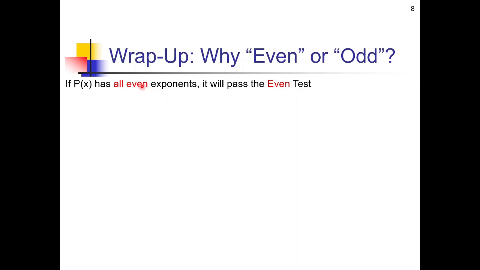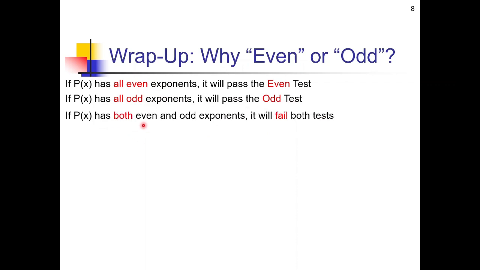And by the way, constants count as even exponents. In contrast, if your polynomial has all odd exponents, it's going to pass the odd test. And if there's a mixture of those, both even and odd exponents, it's going to fail both tests, because some of the things are going to remain the same and some are going to be negated, and it won't do either of those things consistently.